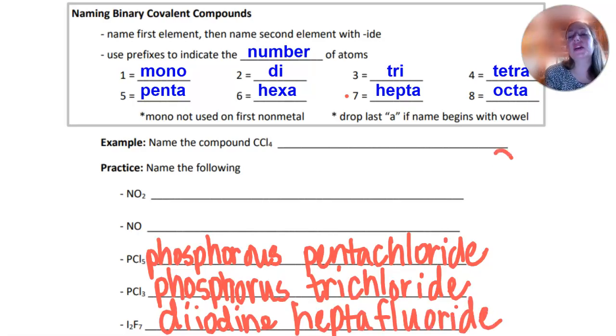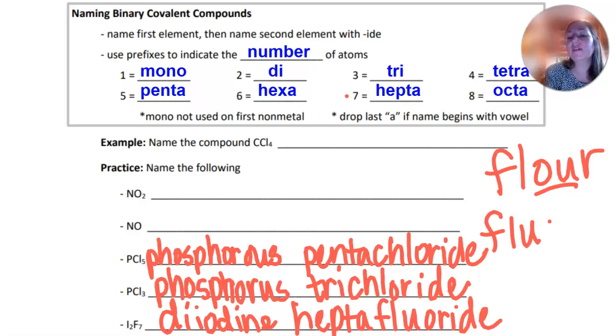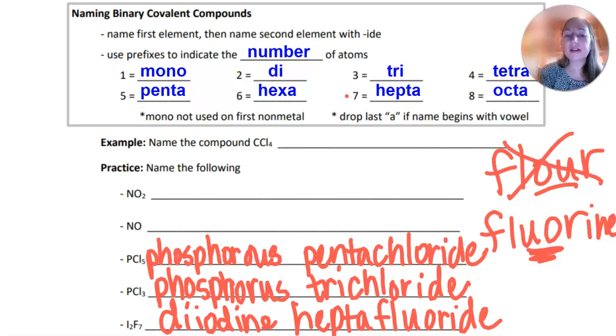That one gets folks sometimes. Flour is spelled with an O-U, and fluorine is spelled F-L-U-O-R. So fluorine with a UO, not like flour.